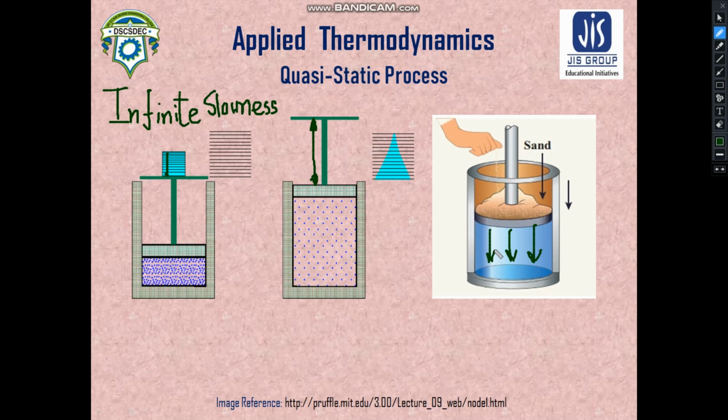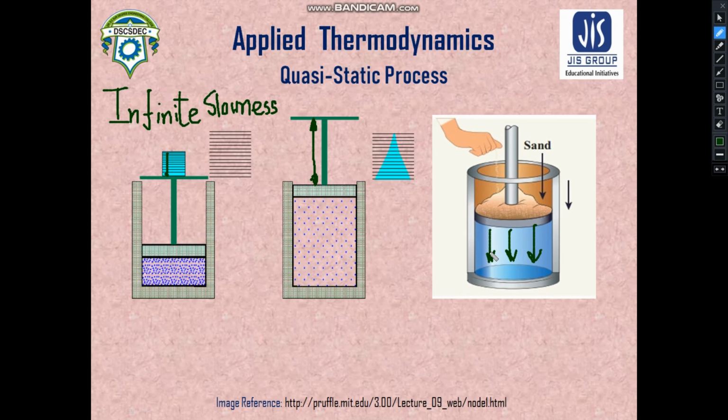You start with a single grain, then go on pouring the sand grains one by one. After a long time, you will see the sand in this kind of shape, and only then can this piston apply some kind of pressure.